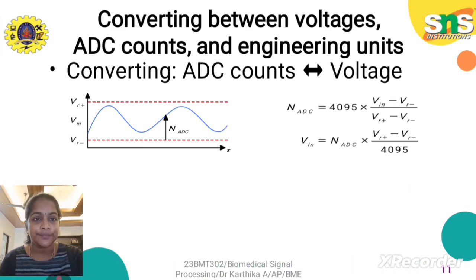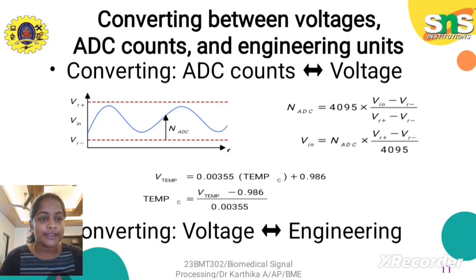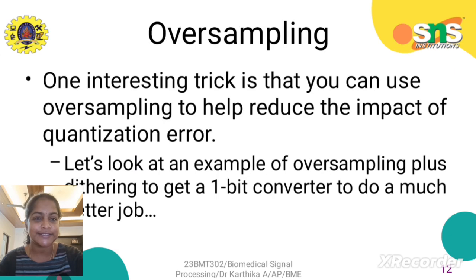See here, an example for converting between voltages, ADC counts and engineering units. See the diagram. Here your N ADC is 4095 multiplied by V in minus VR minus, divided by VR plus minus VR minus, and finally it gives the value of V temp minus 0.986 by 0.00355, which converts your voltage into engineering units.